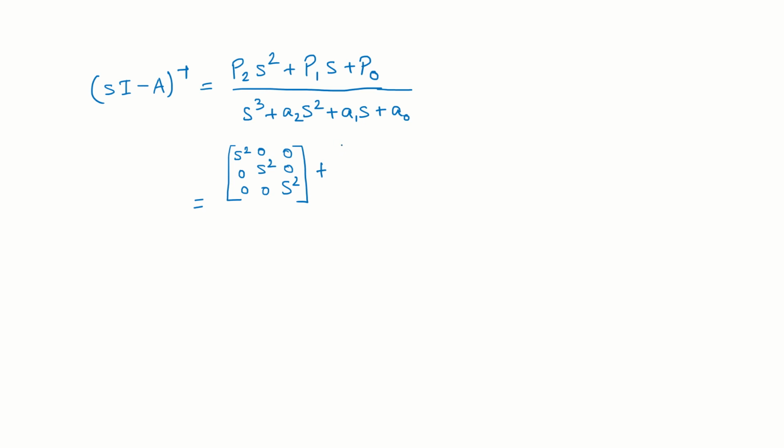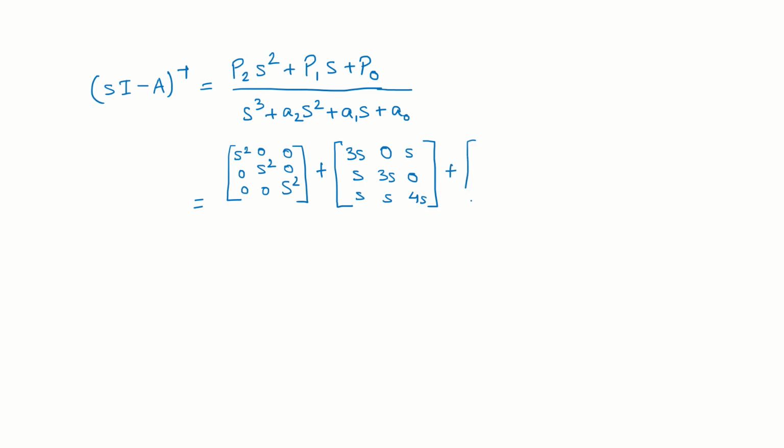P1 is this, 3 0 1, 1 3 0, 1 1 4, and we have to multiply it with s. So let us include the s inside. So these ones will become s. So s, s, s.